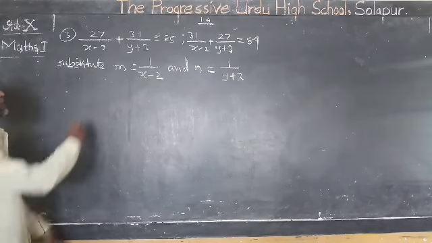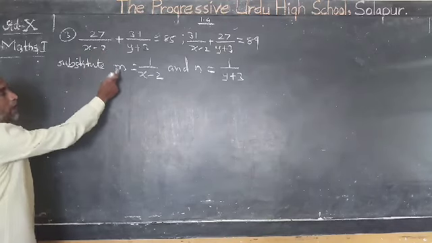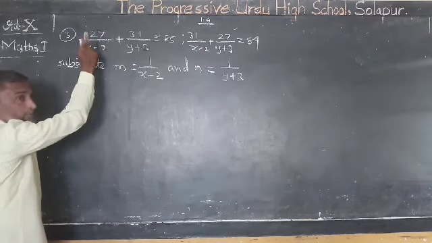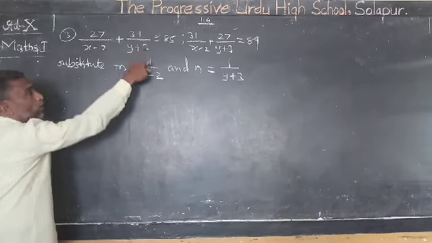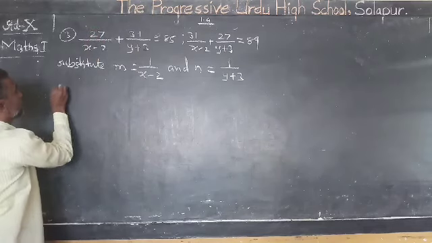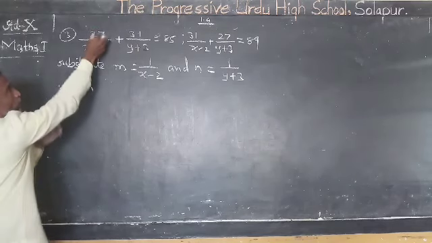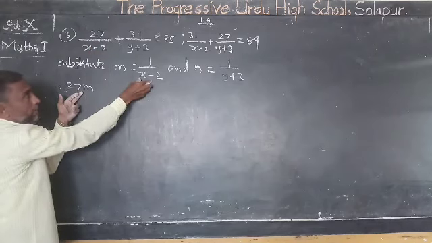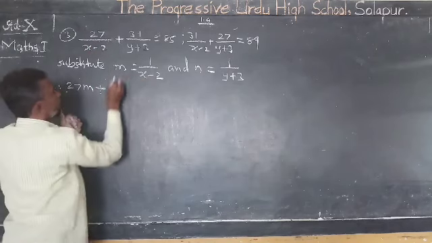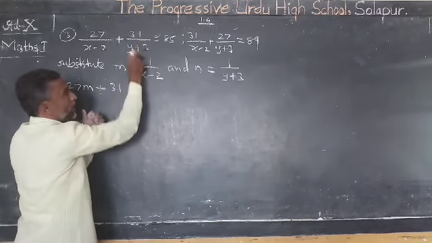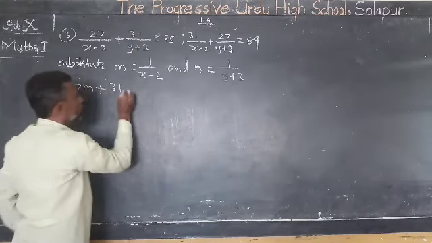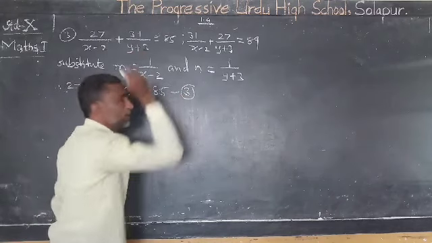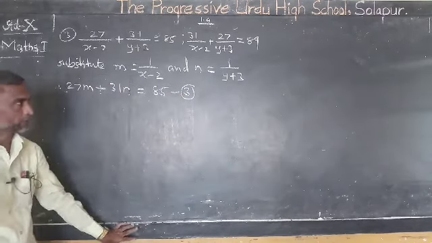Now I am putting in equation number 1, m is equal to 1 upon x minus 2. If I substitute here, it will become 27m plus 31n, where 1 upon y plus 3 is n, is equal to 85, named as equation number 3.